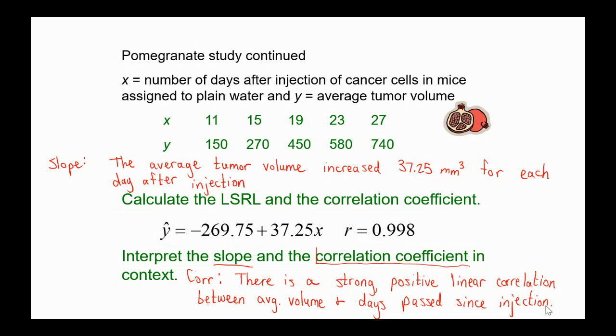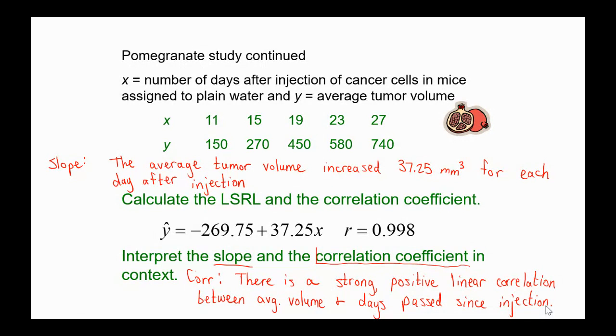So now we've interpreted the slope and the correlation coefficient. Let's flip over to the next page. I'm not going to go to the next slide yet.